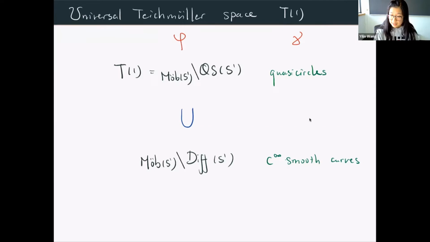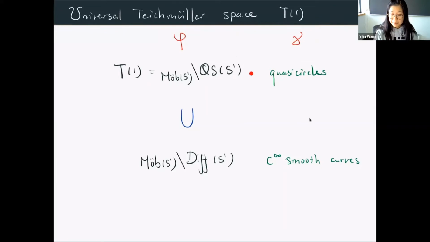And on the right-hand side, I write down what are the curves corresponding to this welding. This quotient is called the universal Teichmüller space because the other Teichmüller spaces of compact surfaces embed holomorphically into this space.